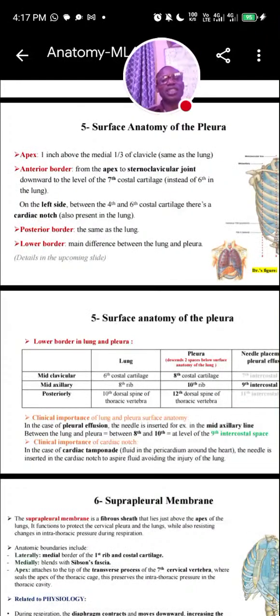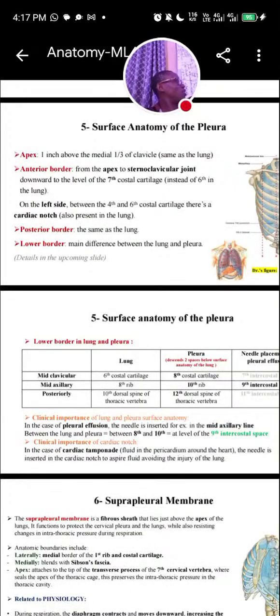So now, here's the point. We talk about reflection of the pleura. And we said we have CDCM, that is the costodiaphragmatic reflection. It is the angle at which the costal pleura meets the diaphragmatic pleura. Do you follow? Yes. Good. Now, moving away, the costomediastinal pleura is the angle in which the diaphragmatic pleura moves and meets the costal pleura.